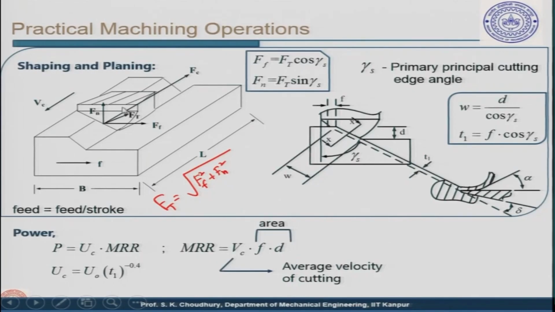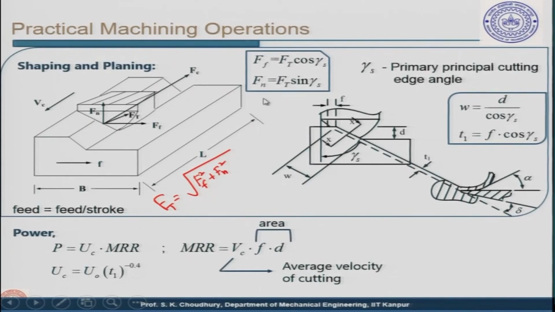So, this is the cutting velocity, and the feed velocity is given to the workpiece. So, Ff here is Ft times cos of gamma s, as in case of turning, and similarly Fn is Ft times sine of gamma s.